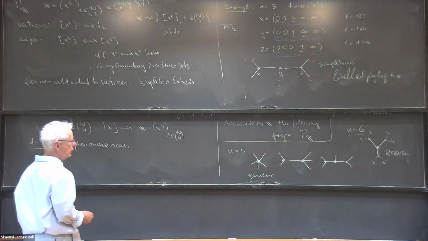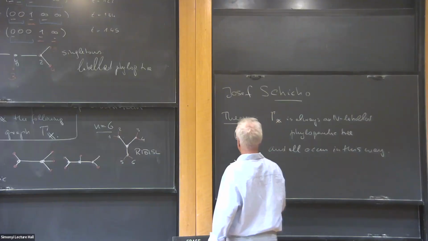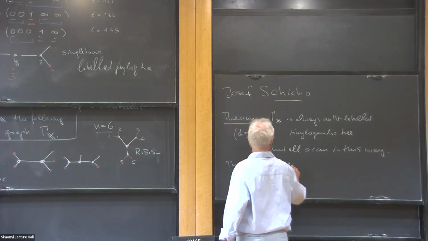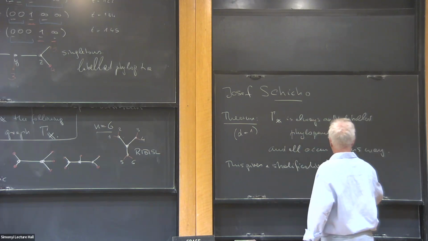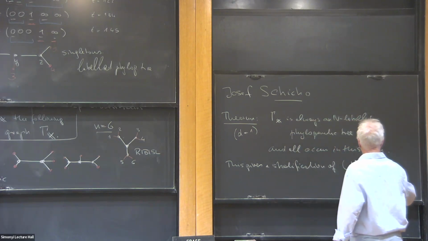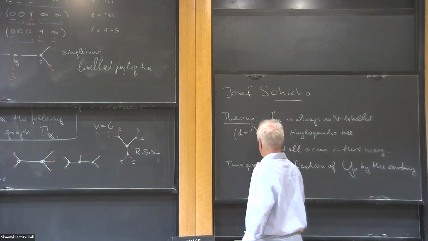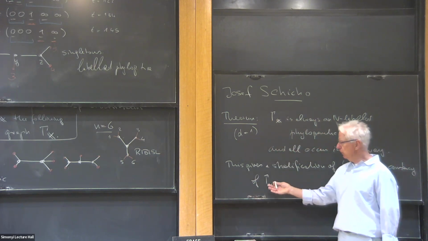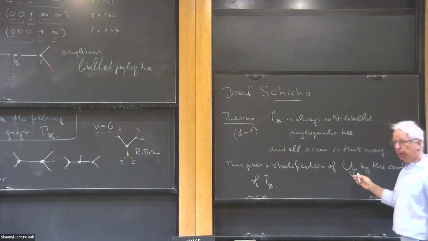So this gives you automatically a stratification of X and Y by the constancy of these phylogenetic trees. Whenever you take all strings which have the same phylogenetic tree, you get a stratum inside your variety.